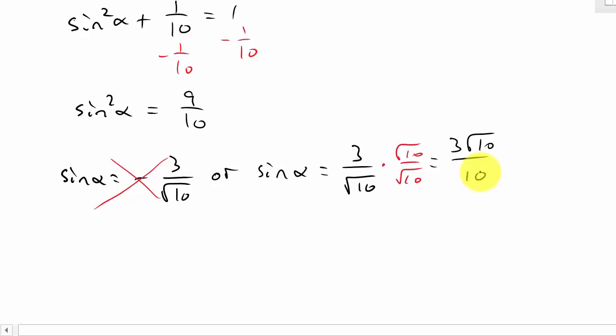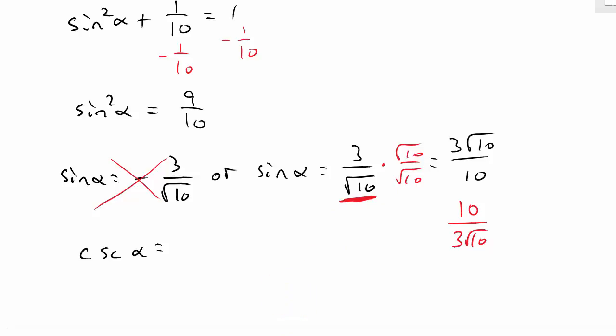Now, all we have left is cosecant alpha. Cosecant alpha is just the reciprocal of sine. What I would recommend is, instead of taking the reciprocal of this, because then we'd get 10 over 3 square root of 10 and have to rationalize the denominator, let's take the reciprocal of 3 over square root of 10 before we rationalize.